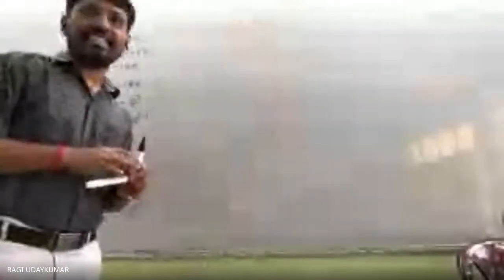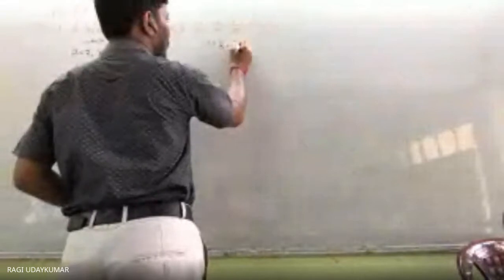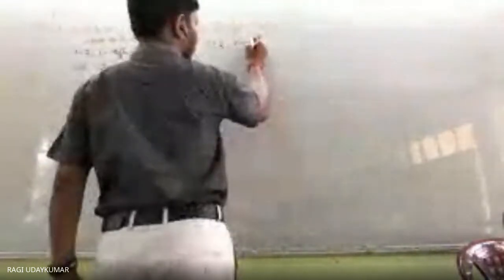1 by 3, 1 by 9, 1 by 27, and so on, up to 1 by 19,683. You have to find out which power of 3 is 19,683, so factorize it. First, whenever you observe this, here a is equal to 1 by 3 and r is also 1 by 3.